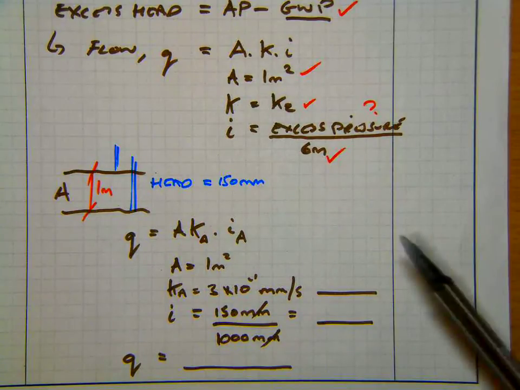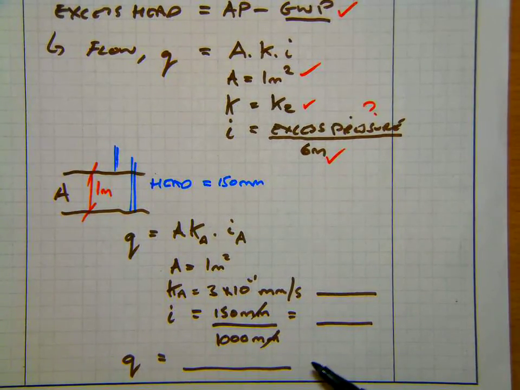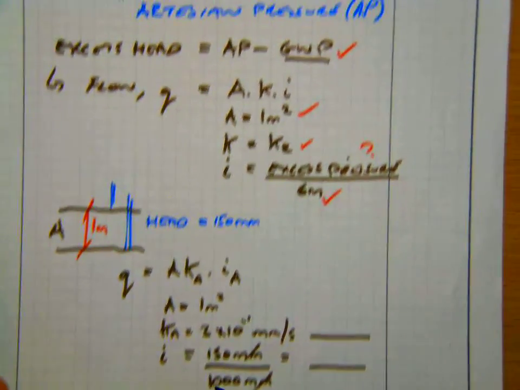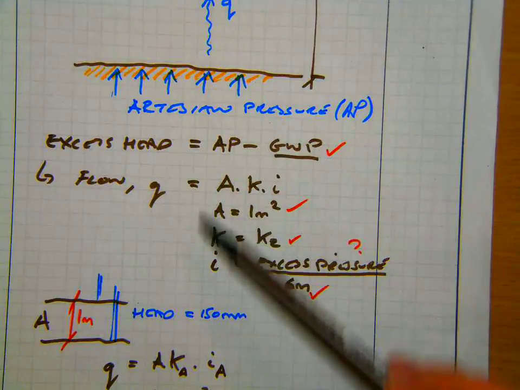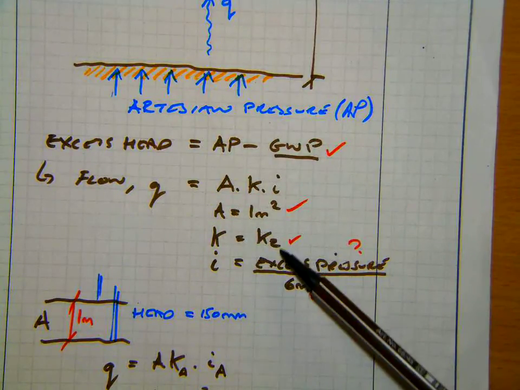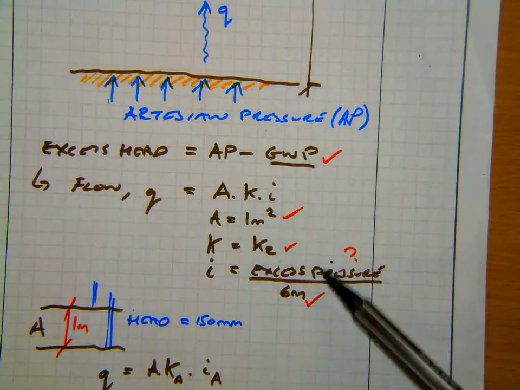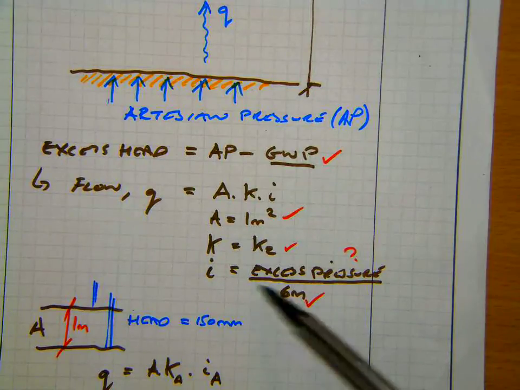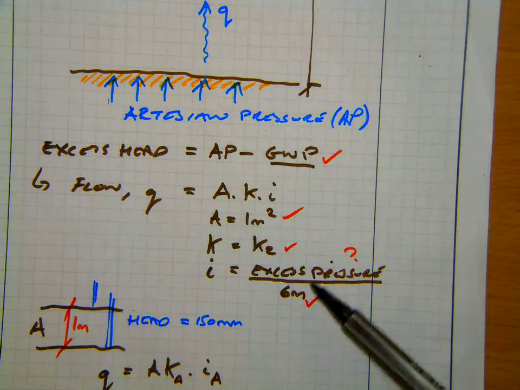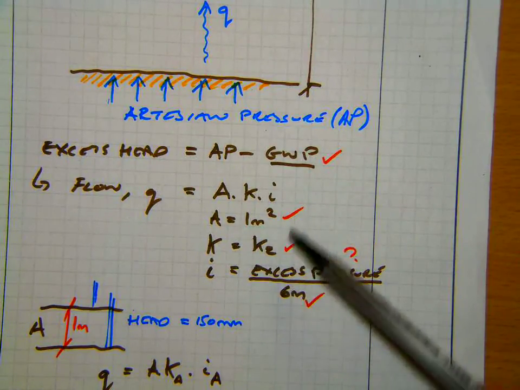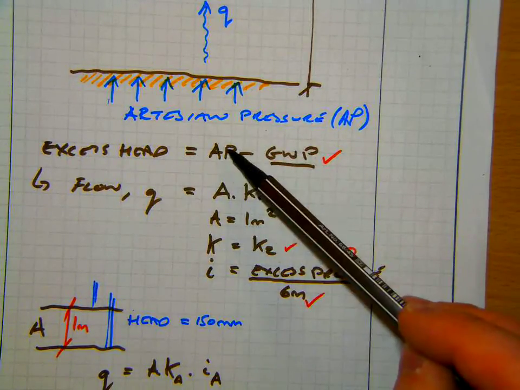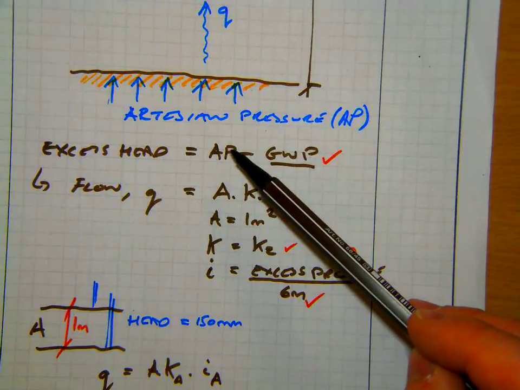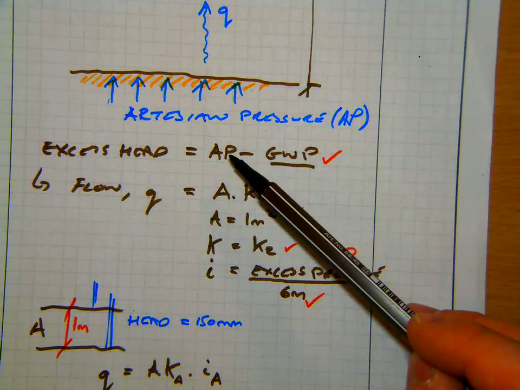So your task now is to work out what is Q, and when you've got Q, you'll be able to use that same value of Q in this earlier challenge to find out what is the excess pressure. If you know what this excess pressure is, and you know what your groundwater pressure is, you'll be able to work out what your artesian pressure is. Okay, so good success.